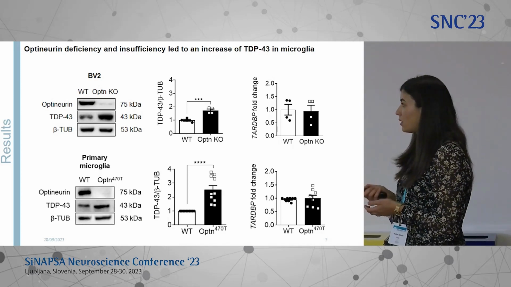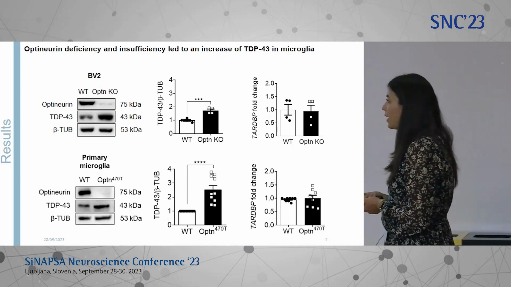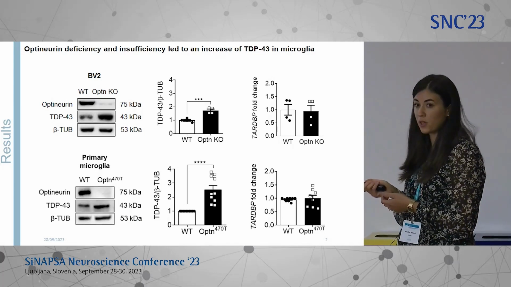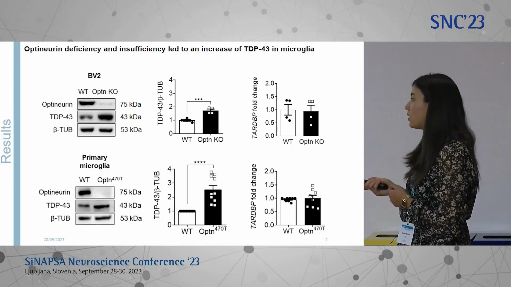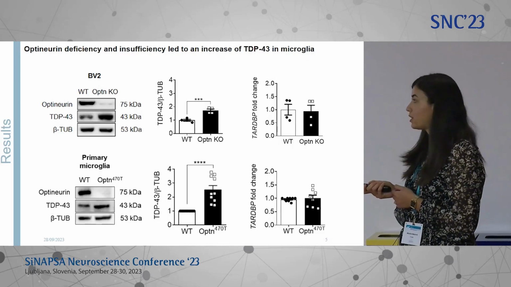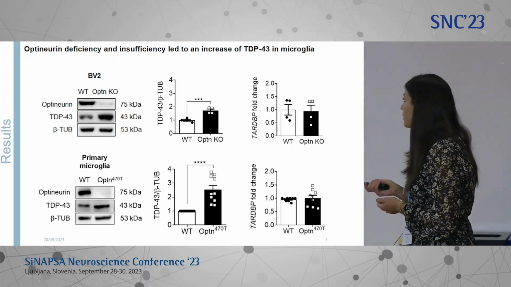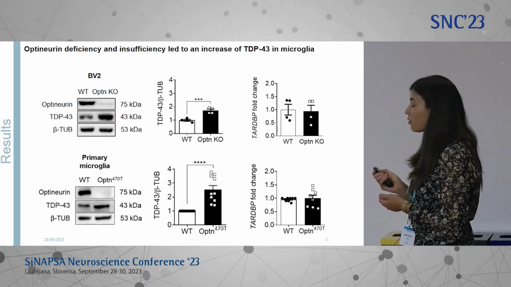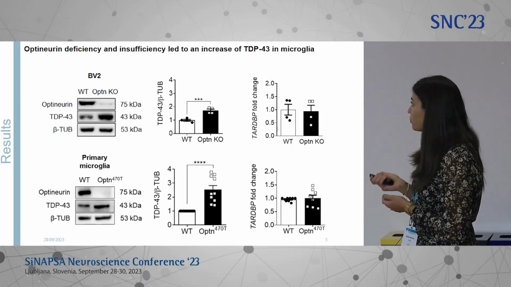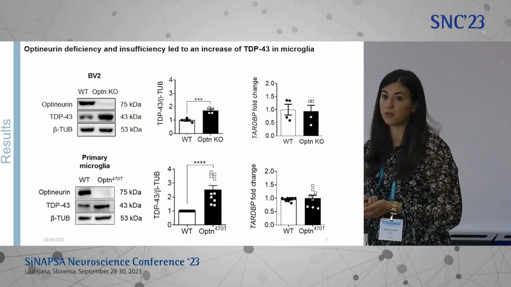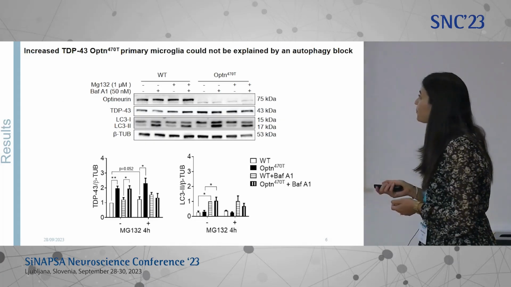Then we isolated neonatal primary microglia from our knock-in mouse model, and we saw the same phenotype: in the basal state, we have more TDP43 in microglia. What is really important to say is that this accumulation is post-translationally regulated, because we did not see any change in mRNA levels in our cells.